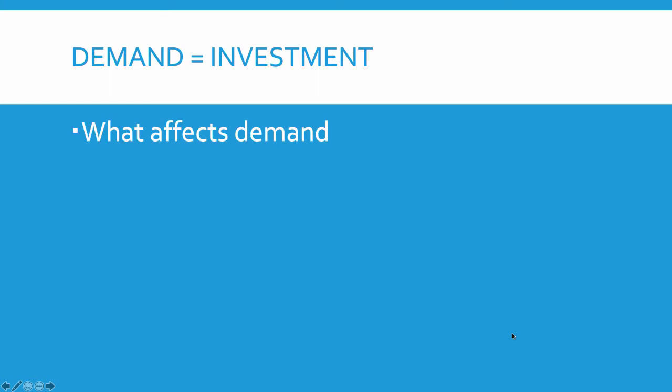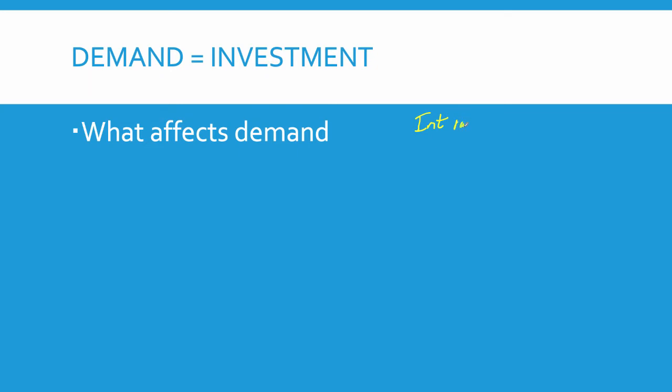Okay, so now we're on the demand side. Demand comes from investors, the people who are looking to expand their business. Remember, this is not you, this is a business. And so if there is a change in the interest rate, then that's going to have an impact. So if the interest rate goes up, it's just like any other price.